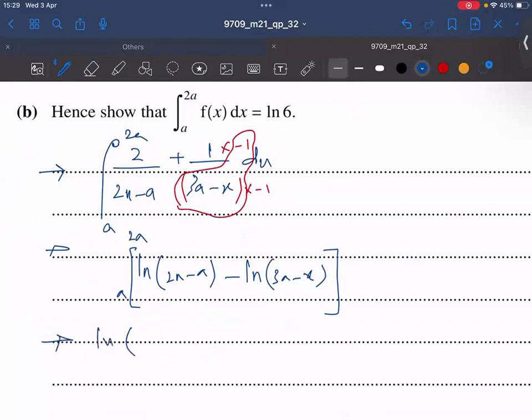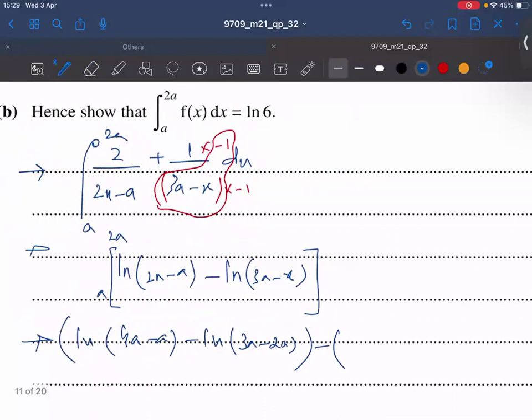Then I'm going to be substituting: ln 2 times 4a minus a, minus ln 3a minus 4a, minus ln 2a minus a, minus ln 3a minus a.